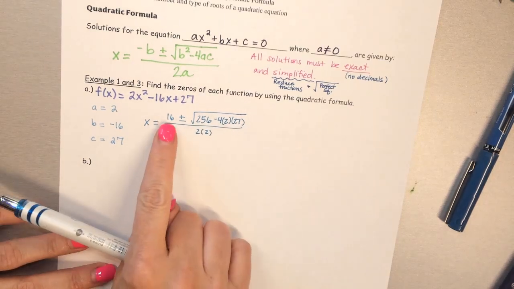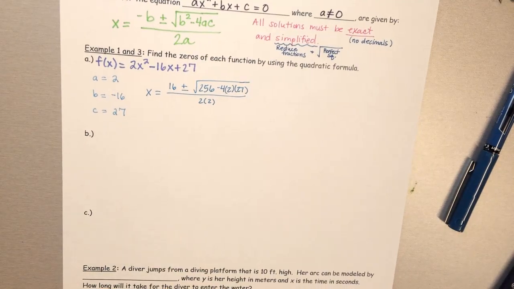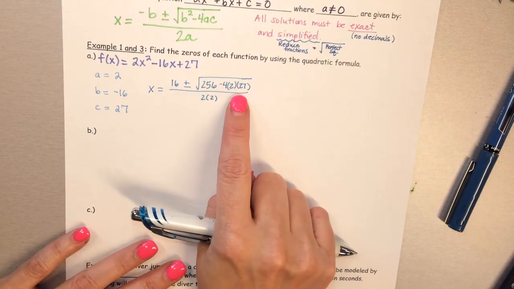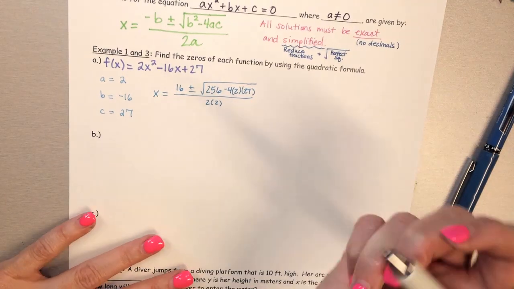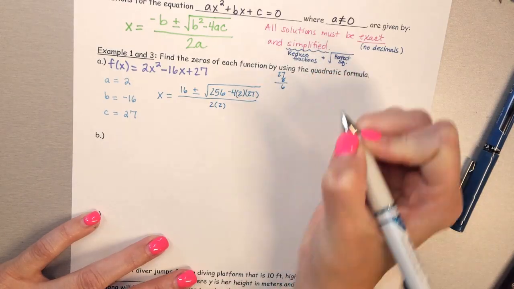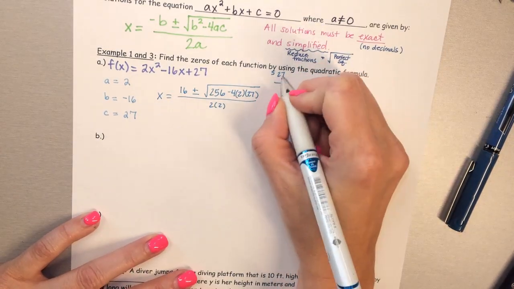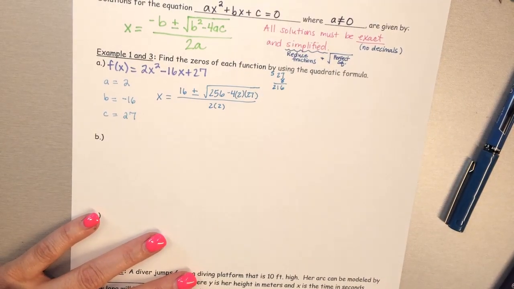I will simplify B squared right away. Then when I'm multiplying here, I have negative 4 times 2 times 27, so I'll write out 27 times 8 if I need to. 16 plus 5 is going to be 21.